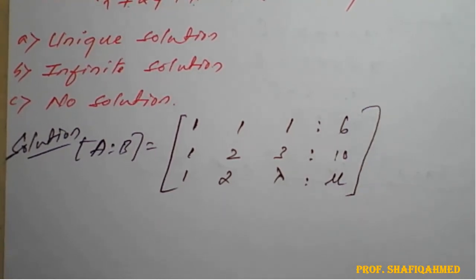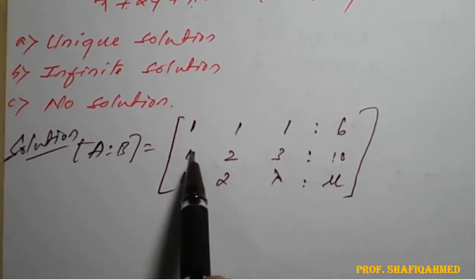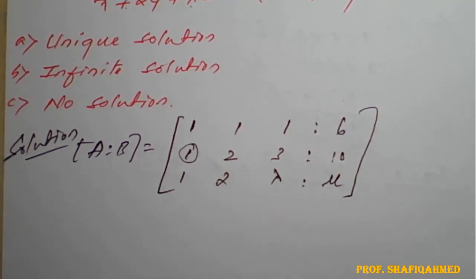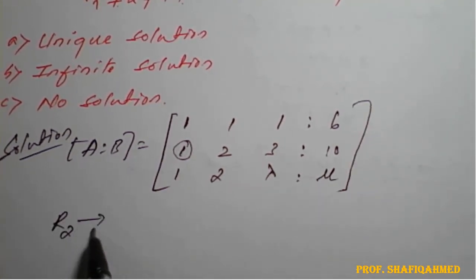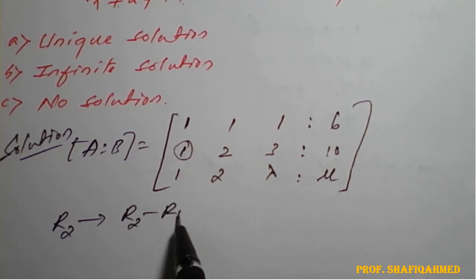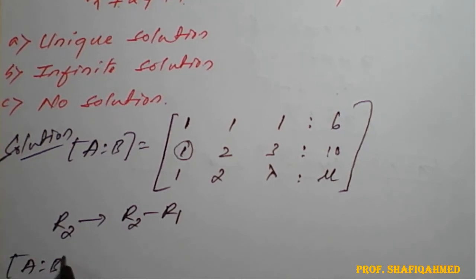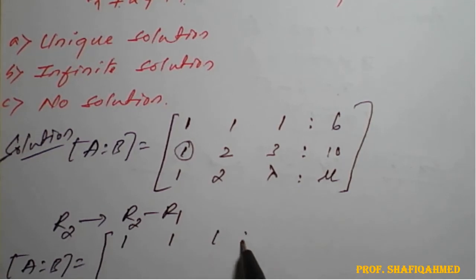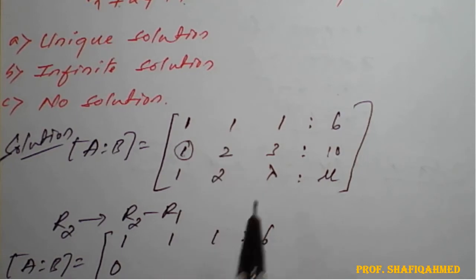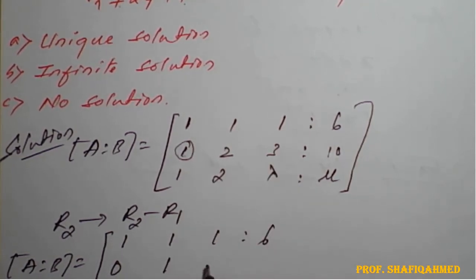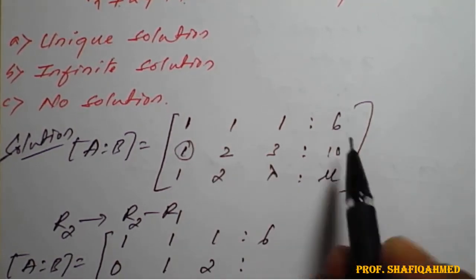Once we have the augmented matrix, our next aim is to make the second row's first element 0. We operate R2 equals R2 minus R1, because 1 minus 1 is 0. The augmented matrix reduces to: first row as it is, 1 1 1 equal to 6; second row 0, 2 minus 1 is 1, 3 minus 1 is 2, equal to 10 minus 6 is 4.